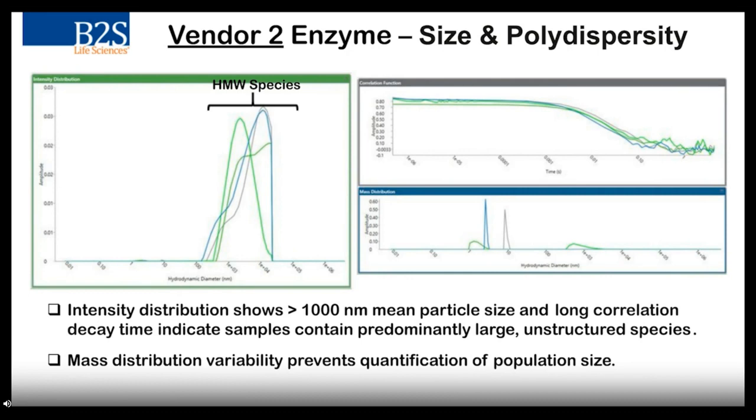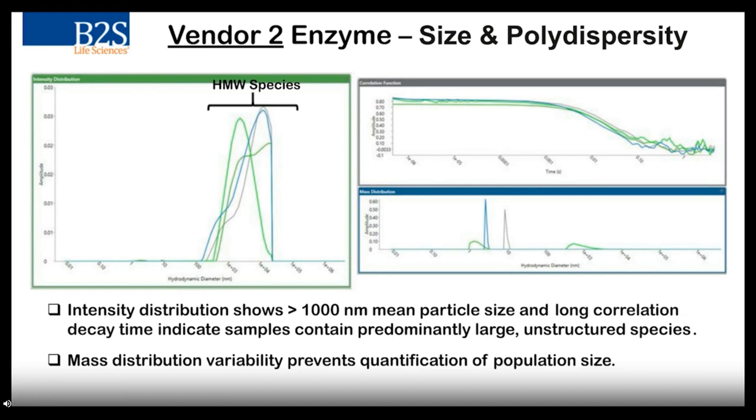Moving on to the vendor 2 data set, you can see that the hydrodynamic diameter is shifted much to the right, indicating that there is a large portion of rather large particles in this material.